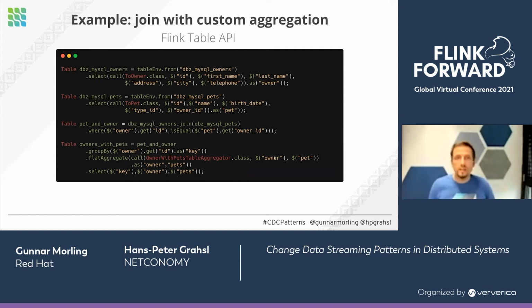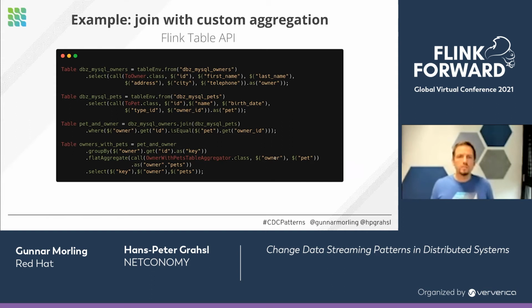So this is the third table in this snippet: owners joined with the pets. And then the fourth table is what results from grouping and aggregating this joined data together so that we end up with this aggregate that we have just seen on the previous slide.